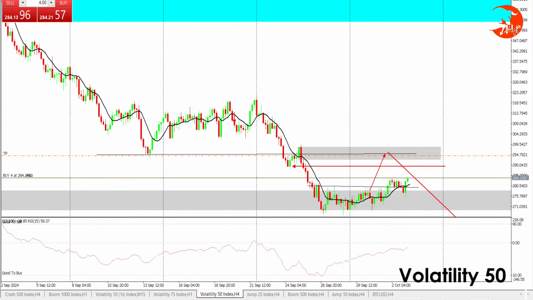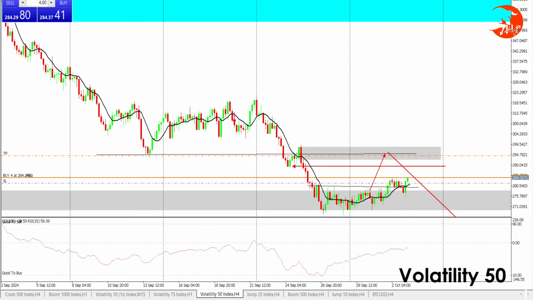All right, so I will leave that at that. If I don't want to mess around, I will just probably bring my SL just below there. What am I risking? 13. That's a lot compared to what I'm looking for. So probably look for 10, and I'm looking for 40.